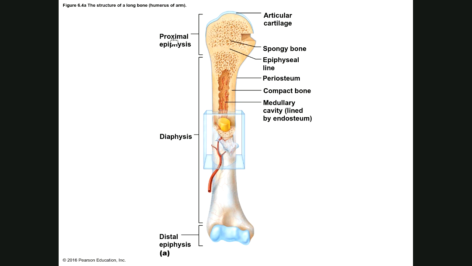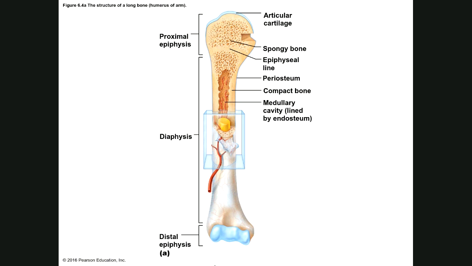Remember the distinction between proximal and distal. Proximal, we're closer to the site of attachment to the trunk. Distal is going to be the other end, the epiphysis that is further away from the site of attachment to the axial skeleton, or to the trunk. So know the difference between proximal and distal epiphysis.